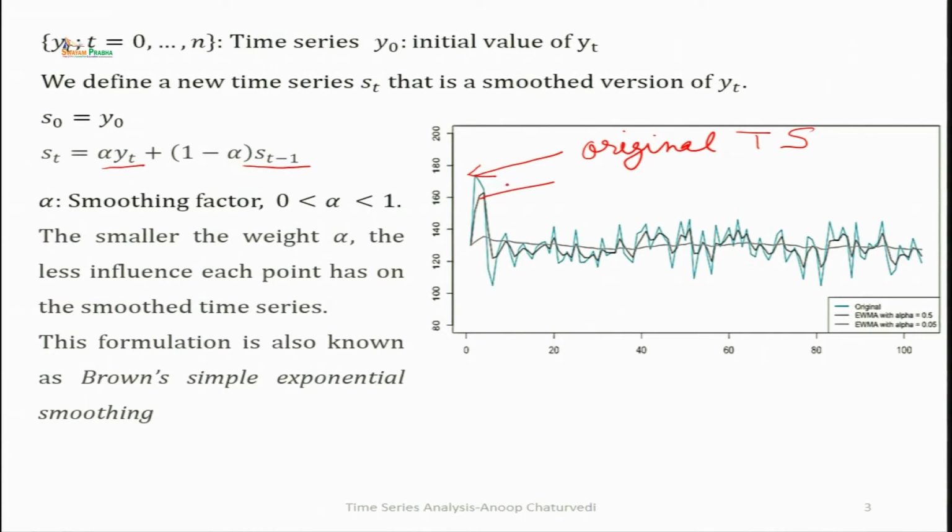So, you get this series for alpha equal to 0.5, and then for alpha equal to 0.05 you get this series.